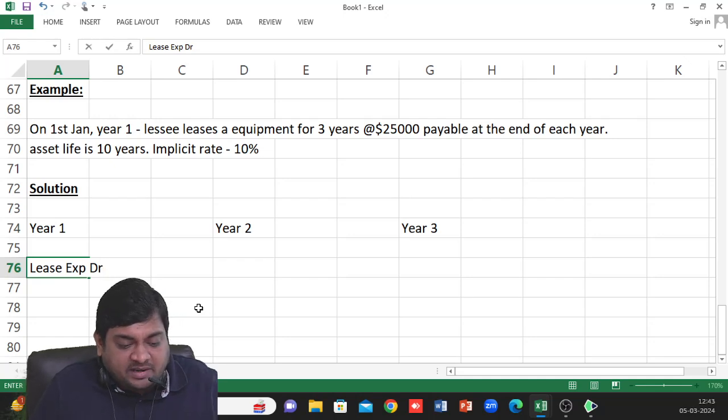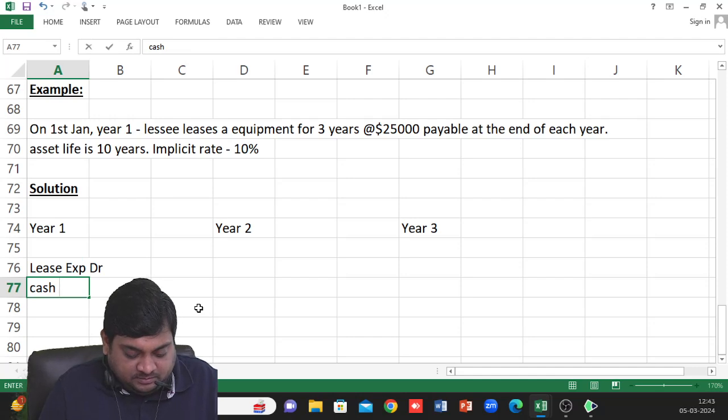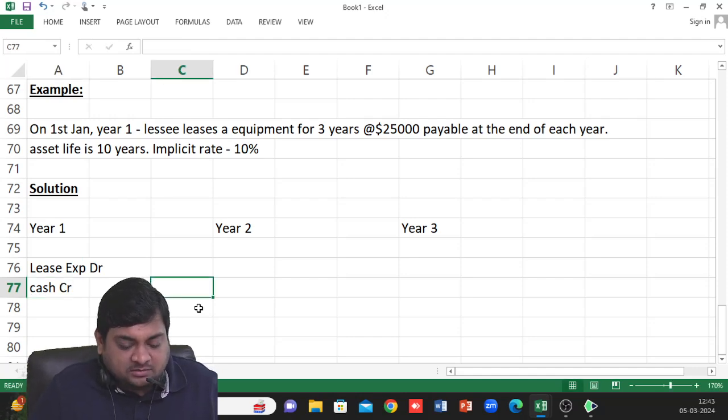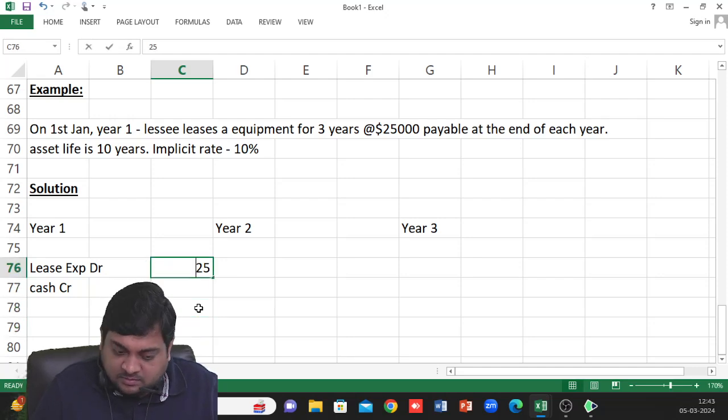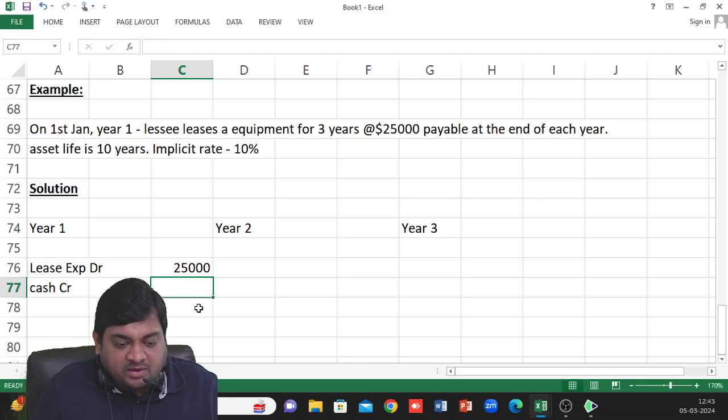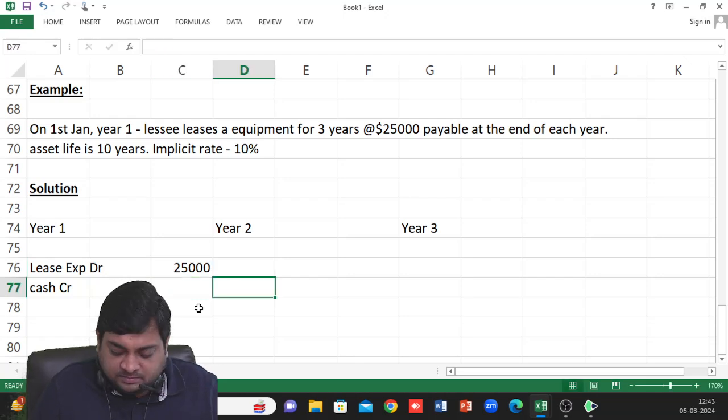Lease expense debit, cash credit. How much? 25,000.